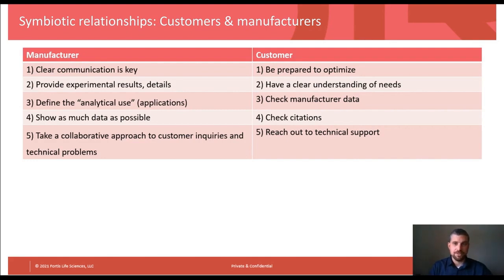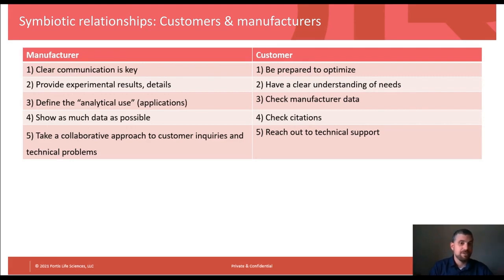From the manufacturer perspective, it's really important for us to clearly communicate what we're doing, why we're doing it, and to talk to you in a way that's relevant to the work that you're doing. Oftentimes we'll do that through the provision of experimental results and experimental details. We've typically got a large body of data supporting a lot of these products. And when we're able to provide those to you as a mechanism for you to better understand your results, that can really help us in both directions.